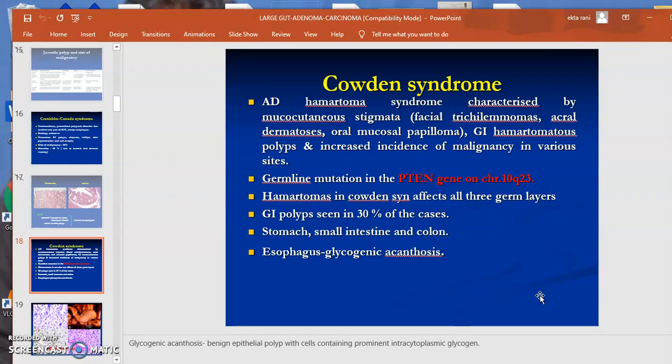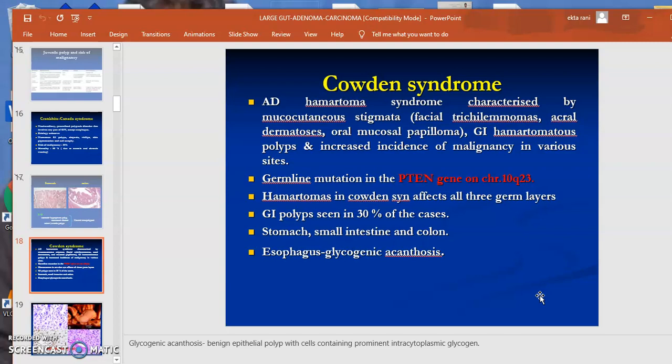Then Cowden syndrome. It is an autosomal hamartomatous syndrome characterized by mucocutaneous stigmata, GI hamartomatous polyps, and increased incidence of malignancy in various sites. Germline mutation in PTEN gene. So remember, the gene involved is PTEN. Hamartomas in Cowden syndrome affect all three germ layers.